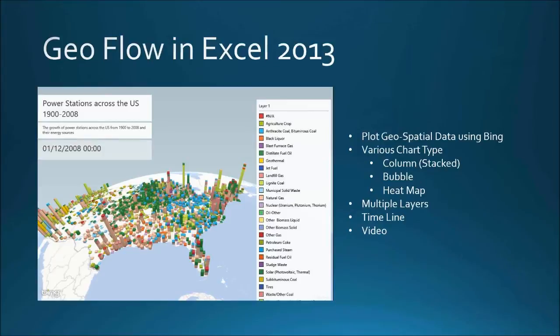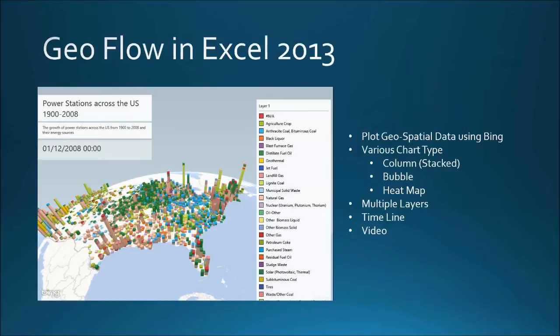The advantage to 3D maps over 2D maps is that you get these three-dimensional column charts as opposed to just a flat two-dimensional plane, where all you can do is something like a colored dot. So here we get to have bar charts, stacked bar charts, as well as pie charts and things like that I'm going to show you.